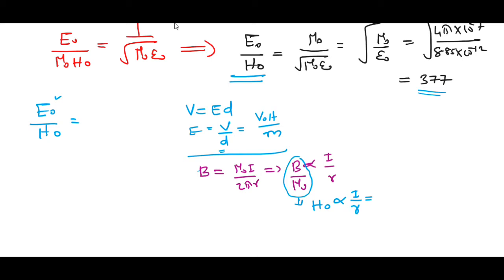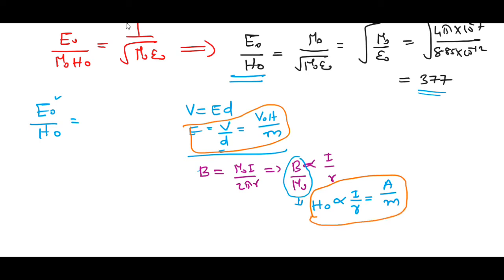The unit of I is ampere, and the unit of radius is meter. Therefore, here I have the two quantities. The unit of electric field is volt per meter. The unit of magnetizing field is ampere per meter.